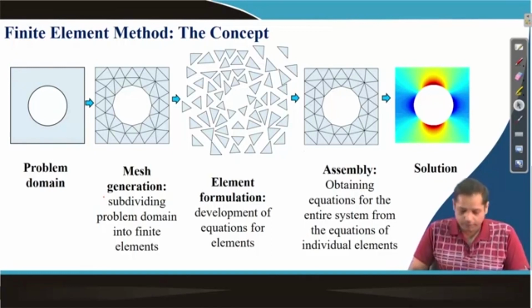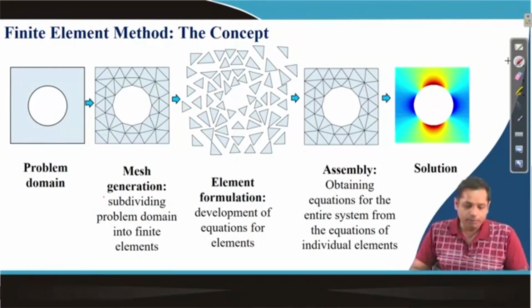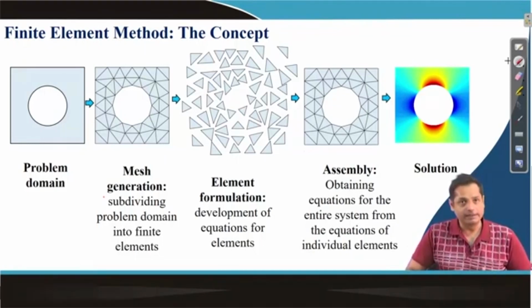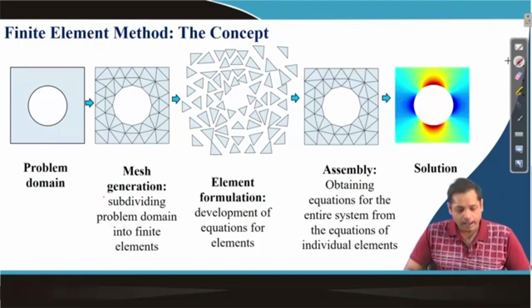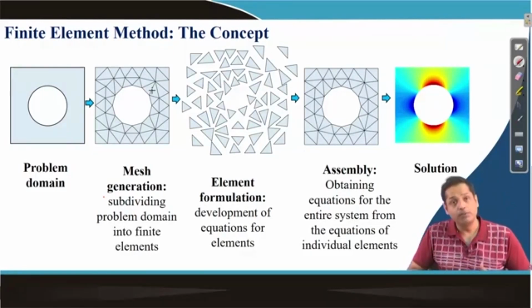Now we have a domain problem description, and then the problem is represented through a collection of finite elements. This is called finite element mesh as well, and the process of this discretization, representation of the domain into a finite number of finite elements, is called mesh generation.